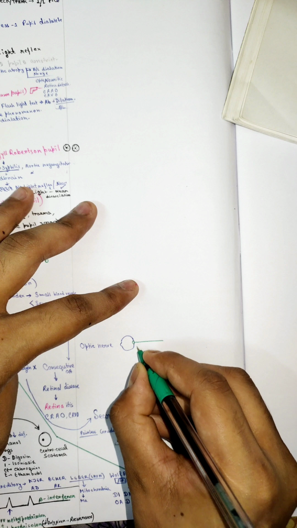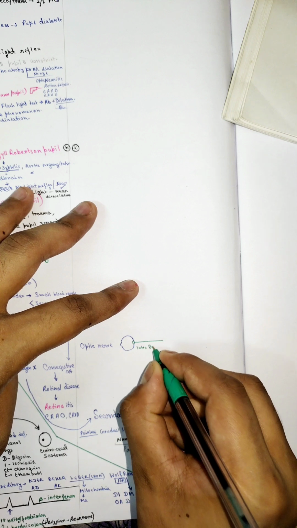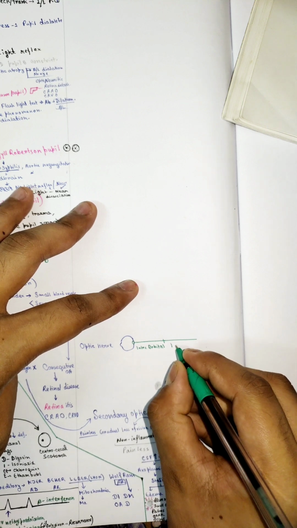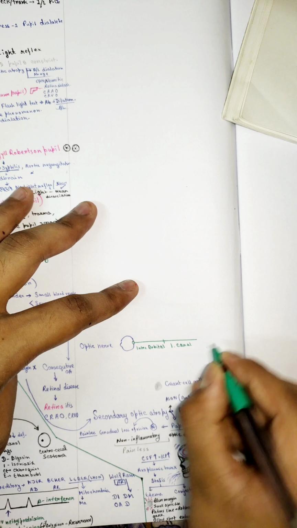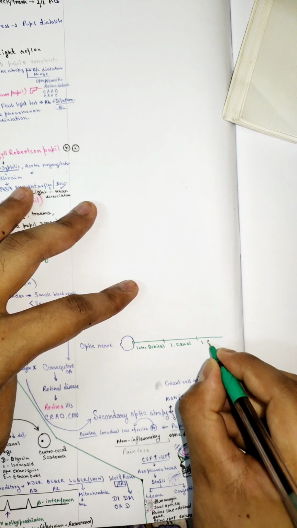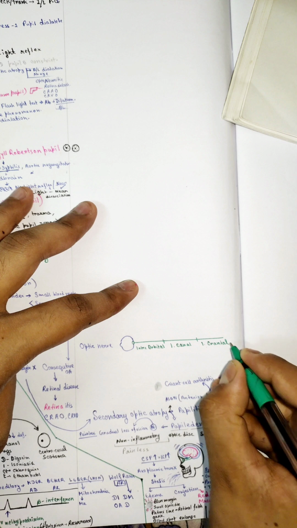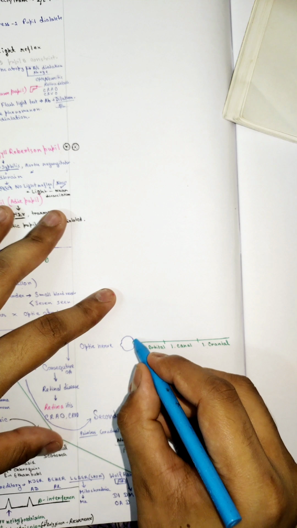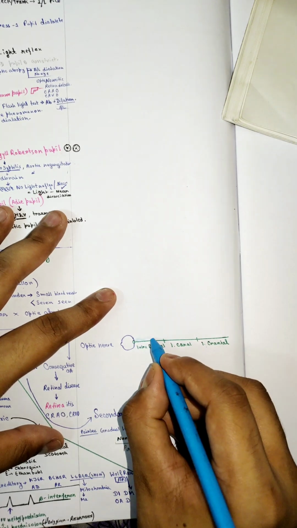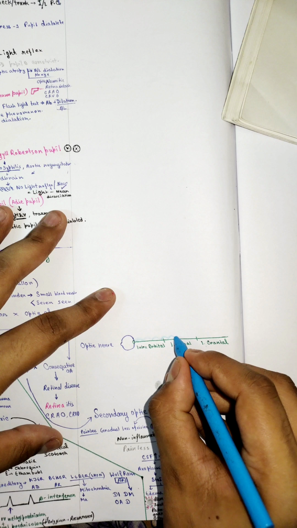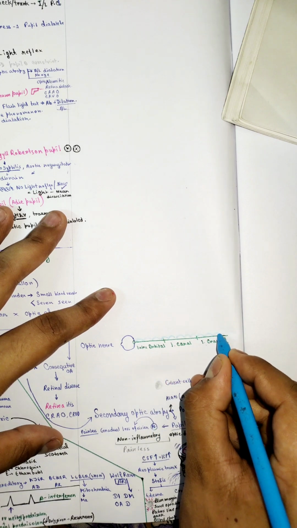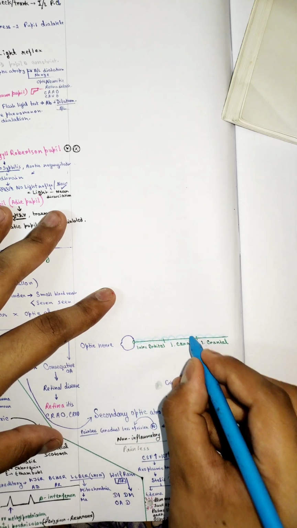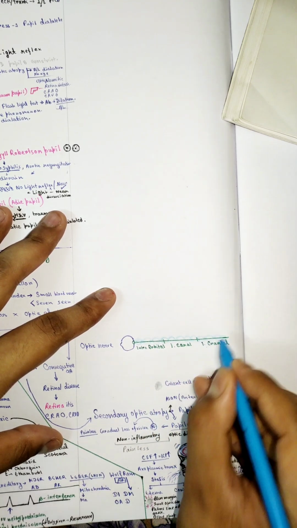Then the intraorbital part, intracanal part, intracranial part of the optic nerve. If I see, this entire part is ultimately myelinated.